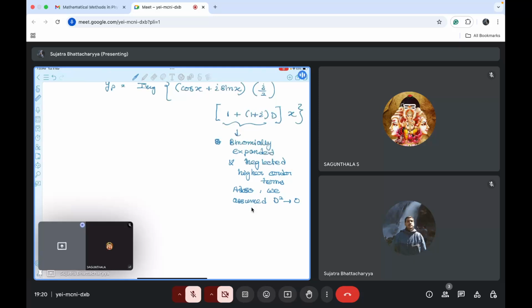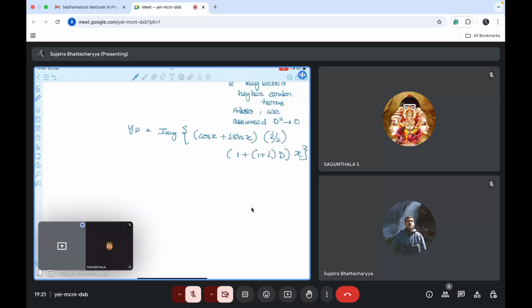Fine. So the next step will be y p, which is nothing but the imaginary part of, let's write it, cos x plus iota sin x, right? With iota by 2, of course, and you have 1 plus, again I'm writing it, D times x.